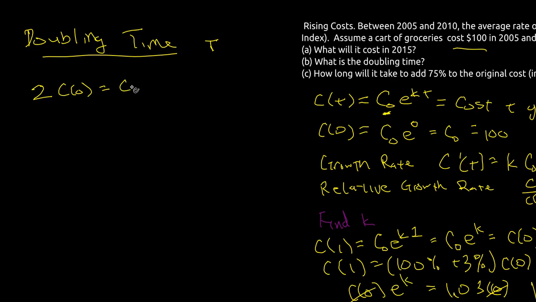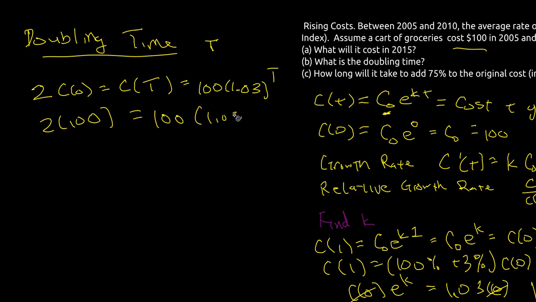So it's going to be C of capital T, and when we plug capital T into our expression, this is going to be 100 times 1.03 to the capital T power. And so we solve this equation. Remember, this 100 is the initial cost at 2005, so C of 0 is 100, and that equals 100 times 1.03 to the t power.